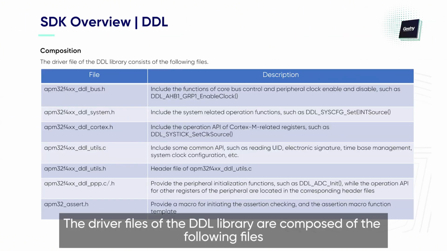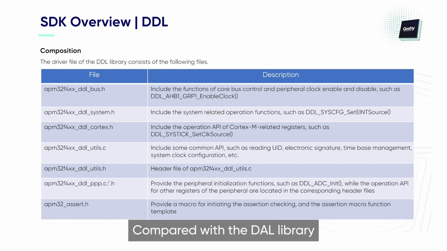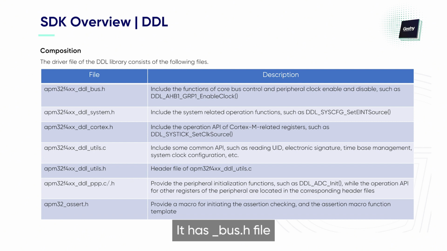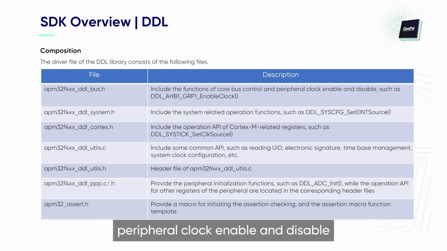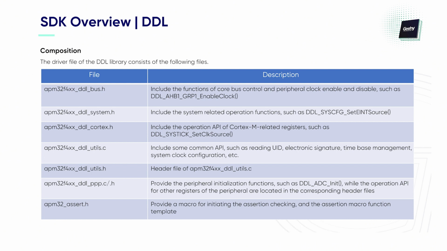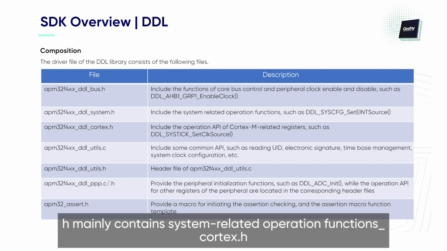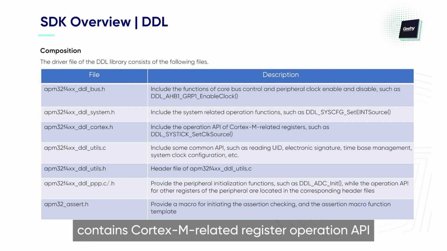The driver files of the DDL library are composed of the following files. Compared with the DAL library, its file composition is relatively simple. It has a bus.h file, which includes such functions as core bus control, peripheral clock enable and disable. The file of system.h mainly contains system-related operation functions. Cortex.h contains Cortex-M-related register operation API.